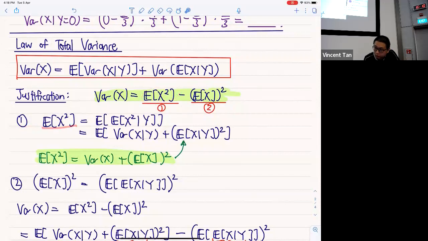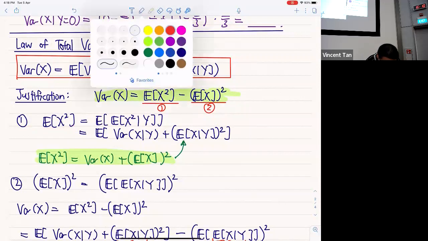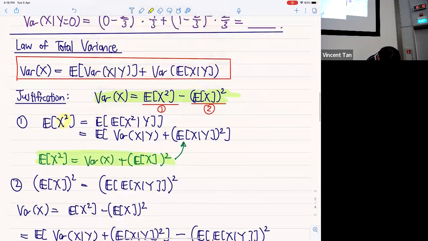So by the law of iterated expectations, as long as we keep one of the terms here invariant, that means don't change this. If this is Oliver, this is also Oliver. Okay. Then the second moment is the variance plus the first moment quantity squared. And we can now apply this to the fact that everybody is conditioned on Y. If you don't carry the conditioning around, you are wrong.